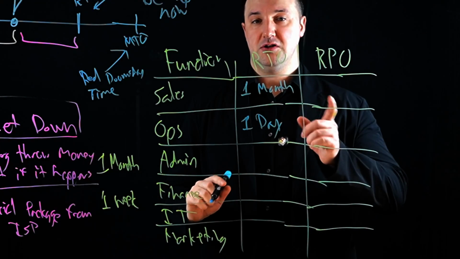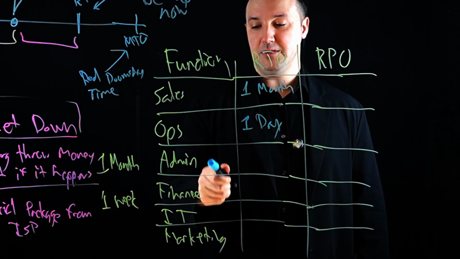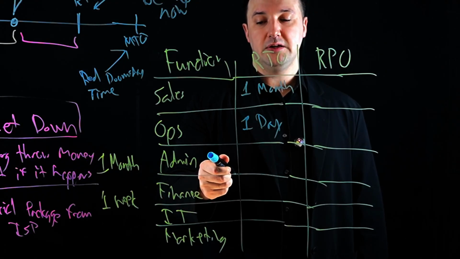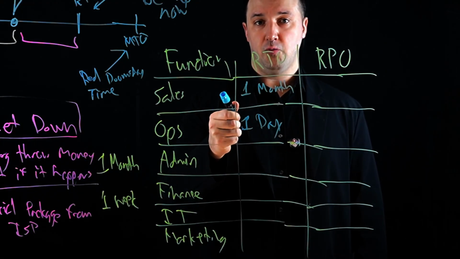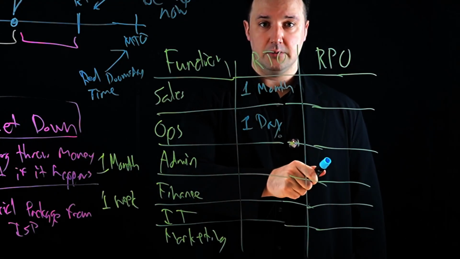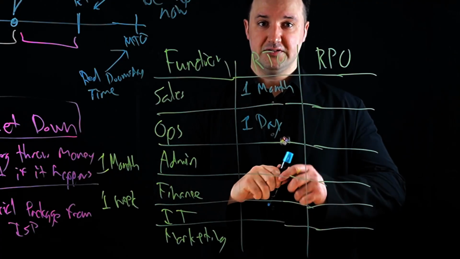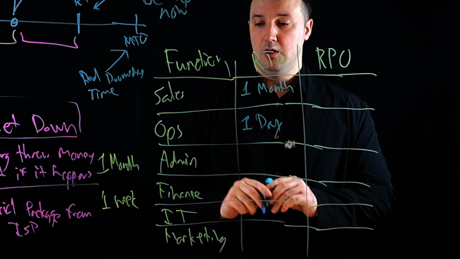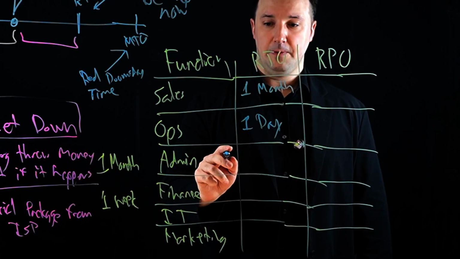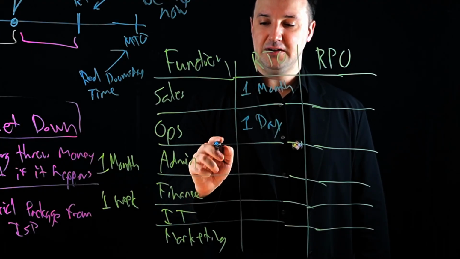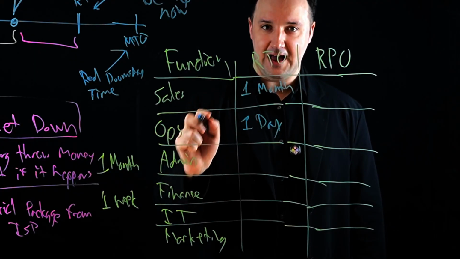Now, I want to caution something here. At this point, because ops is probably going to be dependent on admin, you're going to want to think about this in terms of dependencies, which is a different section. Don't focus on how often admin needs to be up so ops is happy.